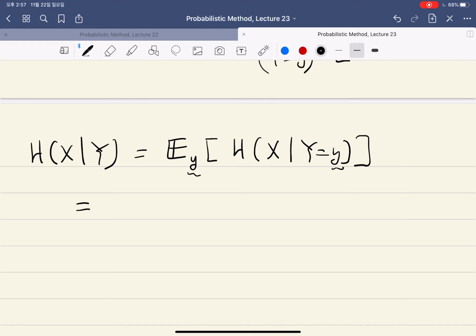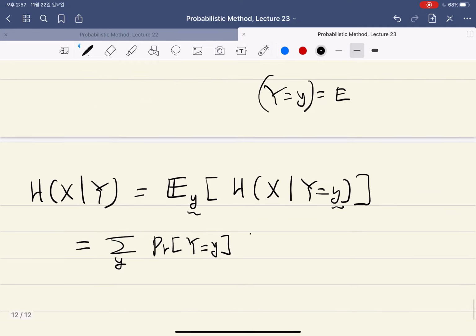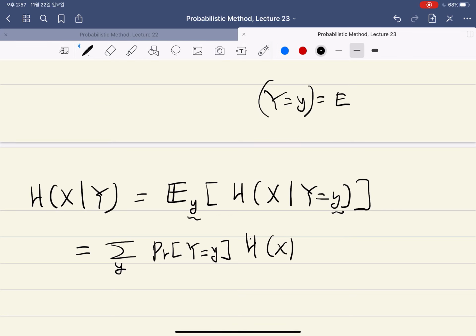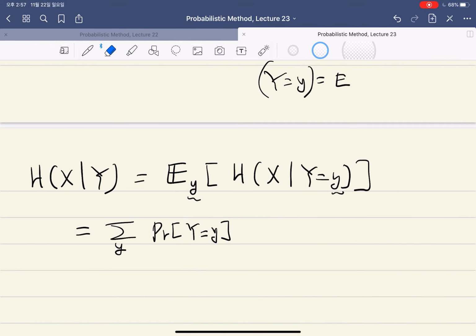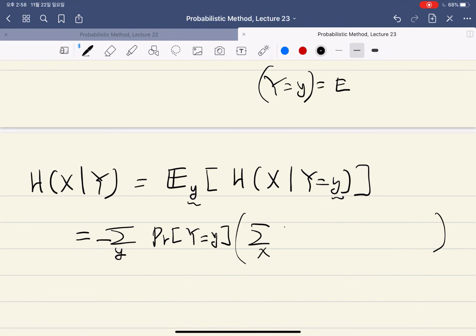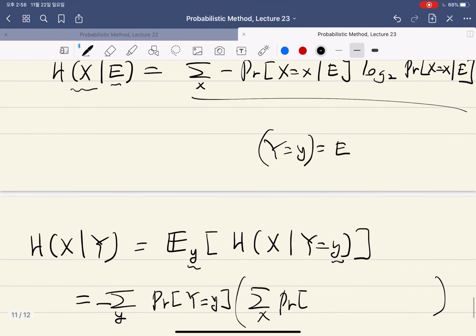You can again write this as the probability of Y being y, times this H of X given Y being y, which can be written in this way. So this is negative the summation over x of the probability that X is x, assuming Y is y, times log base 2 of the probability that X is x, Y is y.